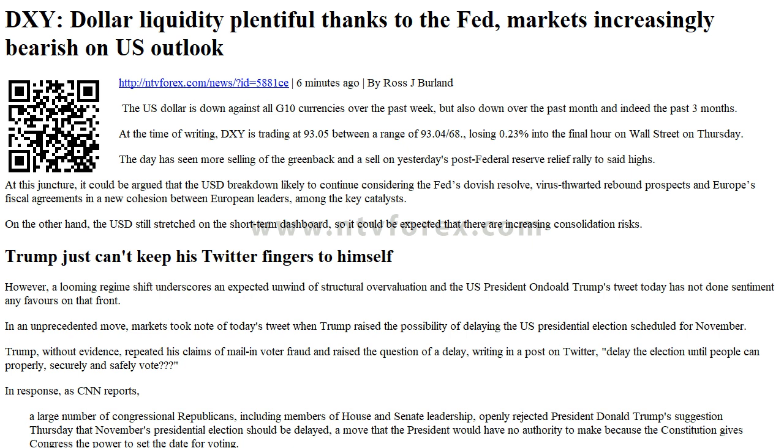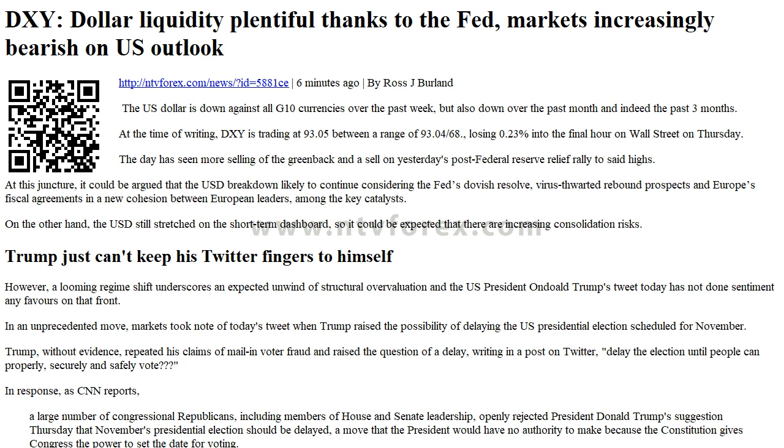In an unprecedented move, markets took note of today's tweet when Trump raised the possibility of delaying the US presidential election scheduled for November. Trump, without evidence, repeated his claims of mail-in voter fraud and raised the question of a delay, writing in a post on Twitter, "Delay the election until people can properly, securely, and safely vote."